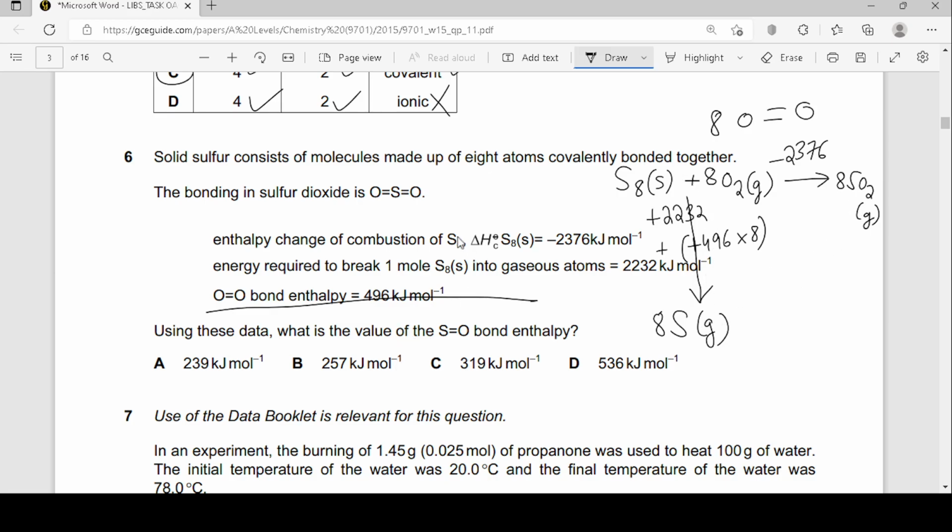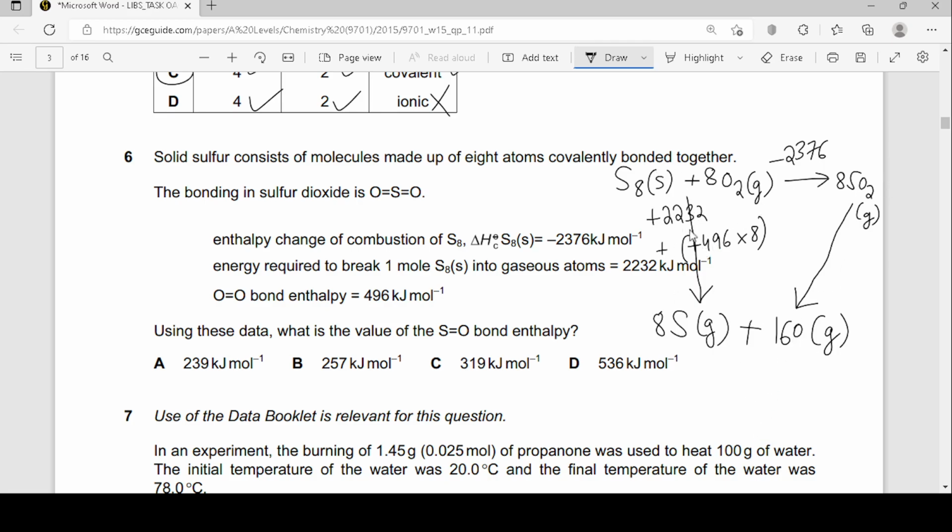And then what do they want? They want me to find out what is the value of the SO bond enthalpy, and how many SO bonds do I have actually, and 8S gaseous plus, 8 times 2, so 16 O gaseous, right? So yeah, this is my enthalpy cycle.